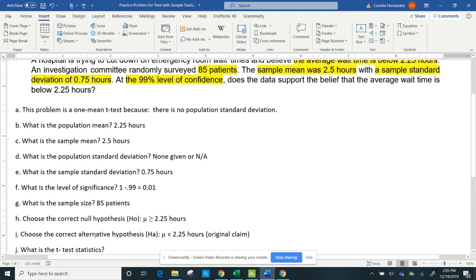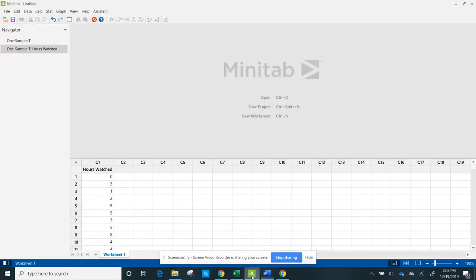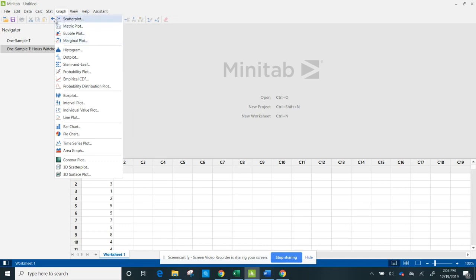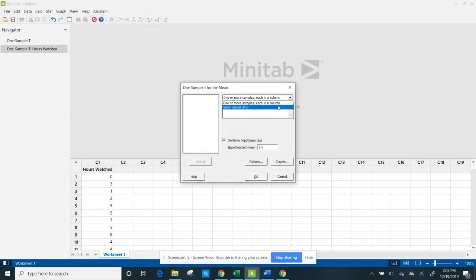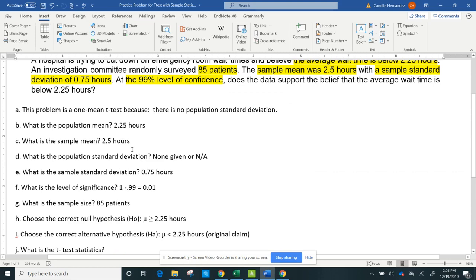Right? So now it wants me to do my t-test statistic. Well, that means I've got to go to Minitab. So I'm going to Stat, Basic Statistics, One-Sample t. I'm going to put in Summarized Data. So my sample size is 85. My sample mean, I'm going to go back and look, is 2.5.